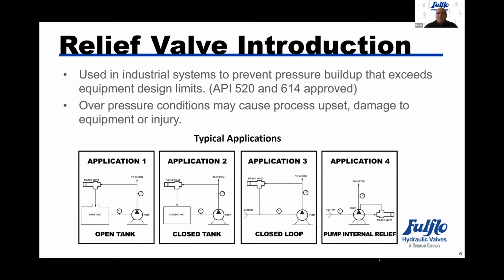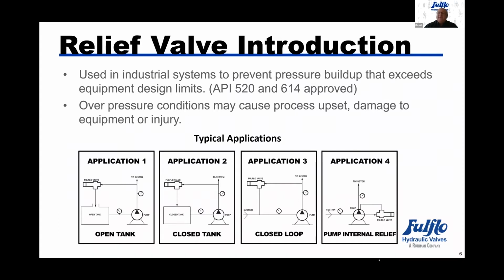For those that don't know, API 520 covers the standard that applies to the sizing and selection of pressure relief devices used in refineries, chemical facilities, and related industries. API 614 covers the minimum requirements for general purpose oil systems.